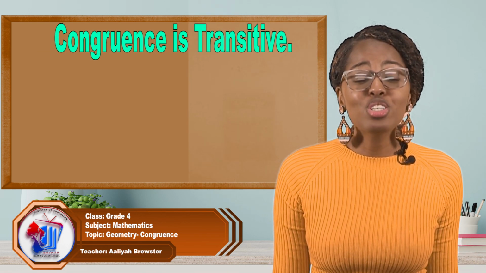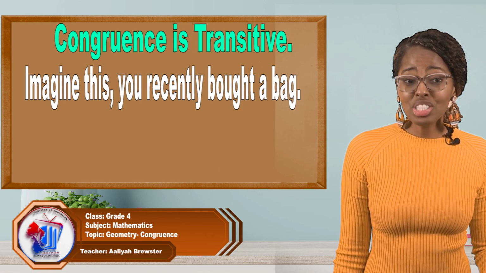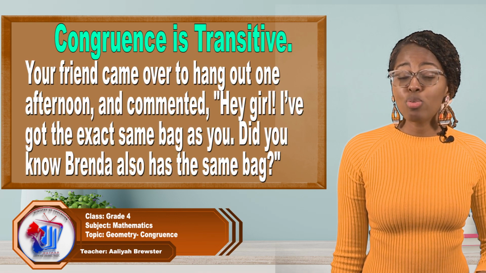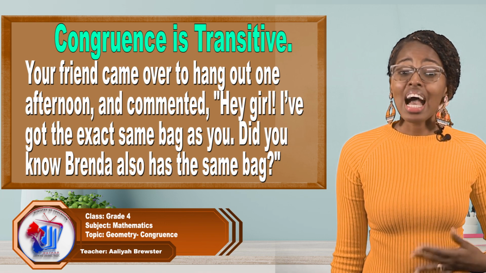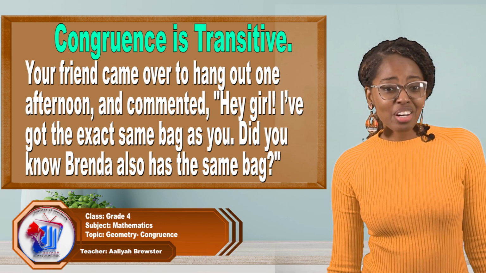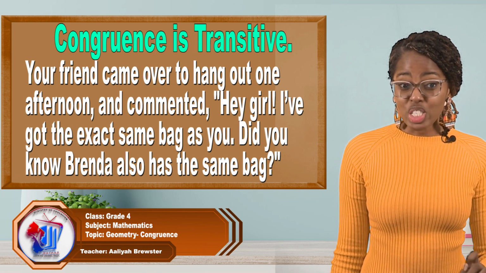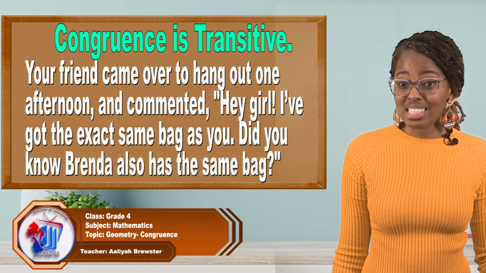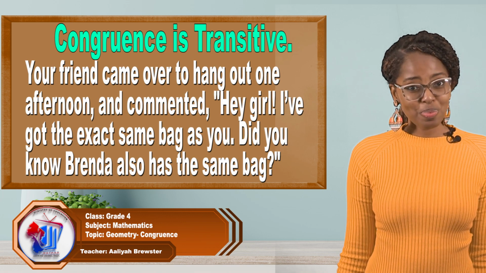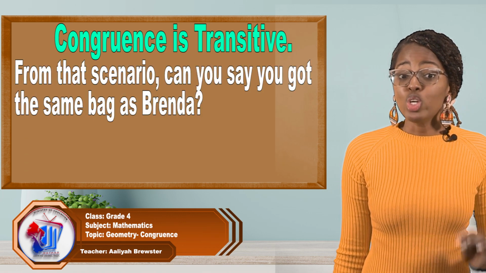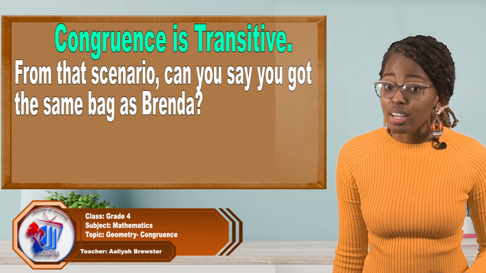Congruency is also transitive. Imagine this. You recently bought a bag. Your friend came over to hang out one afternoon and commented, "Hey girl, I got the exact same bag as you. Did you know that Brenda also has the same bag?" From that scenario, can you say you got the same bag as Brenda?